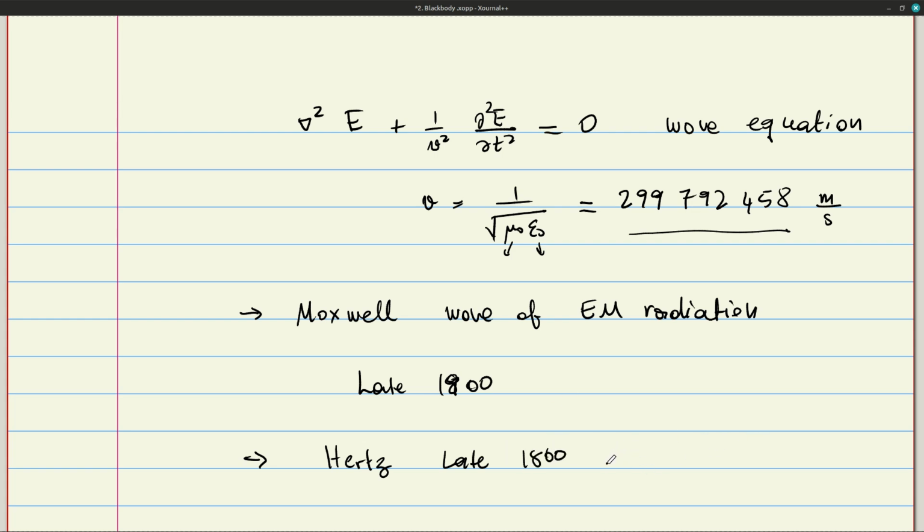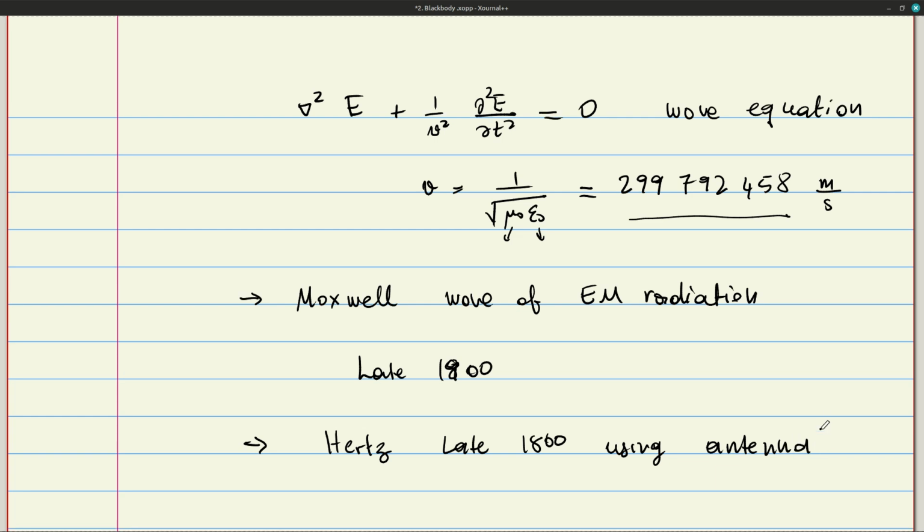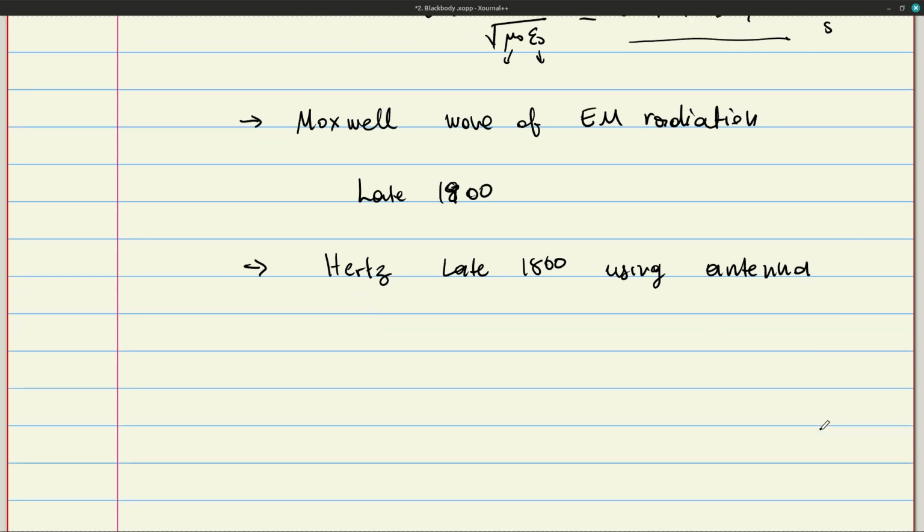And he used what we today call antennas. And that was the end of the story. So light is a wave, and there is nothing else to talk about. Any questions?